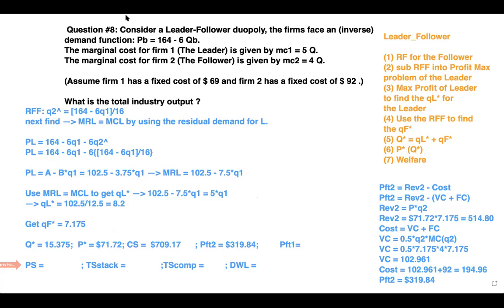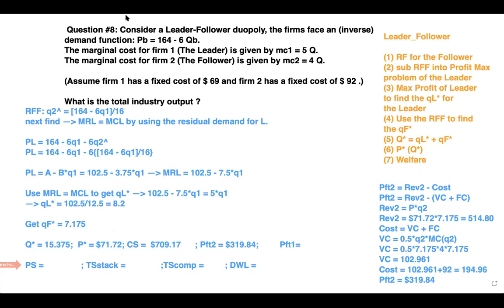And that's why all of these things dovetail together. Everything that you've learned before in the section that we just did, competition and monopoly, carries over here.